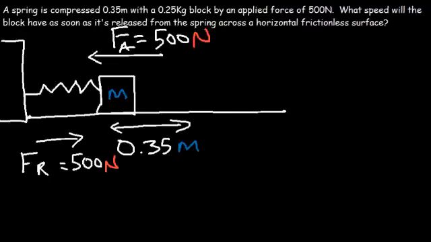As the spring expands, the restoring force will decrease eventually to zero. At that point, the mass will be released from the spring, and it's going to move to the right at constant speed. So when it's completely released from the spring, when it's no longer attached to the spring, what is the speed that the block will have? How can we calculate that value? Take a minute and work on that example.